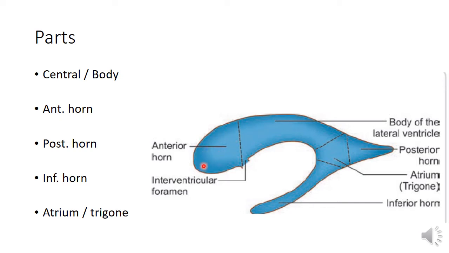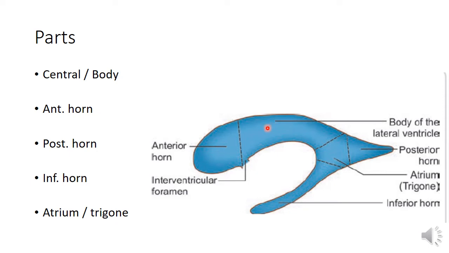This one is called the anterior horn. A small portion which protrudes behind is called as the posterior horn. And there is a lateral part of the ventricle which protrudes below inside the temporal lobe, and this is called as the inferior horn of the lateral ventricle.